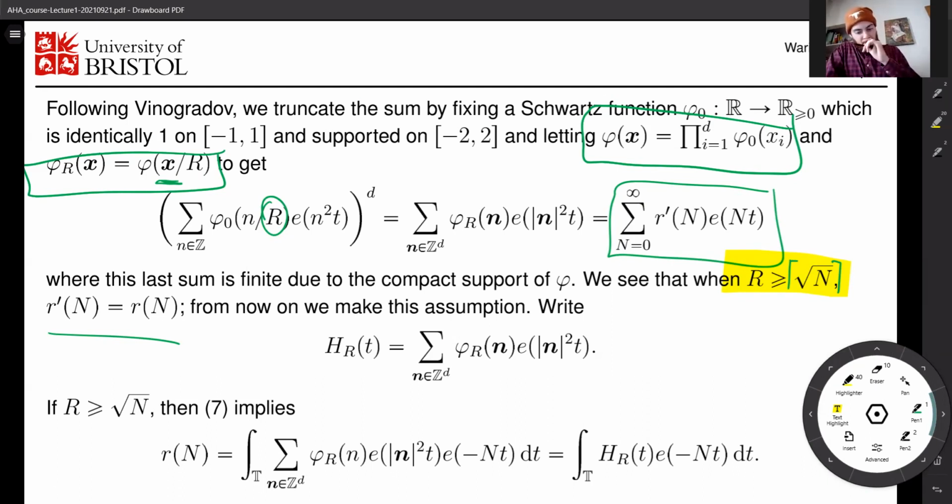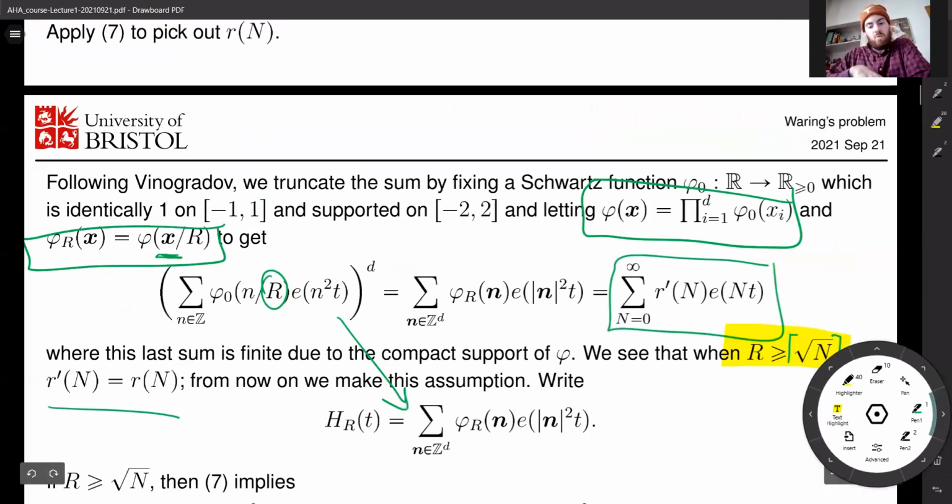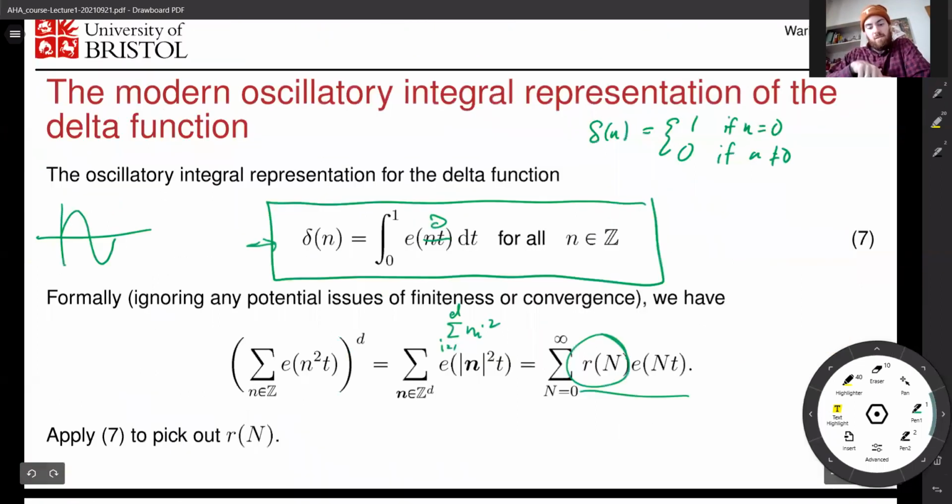And therefore, when we write out this thing, it turns out that we can apply our delta function and just get this. So this smoothing actually gives us a rigorous way to look at this infinite exponential sum.